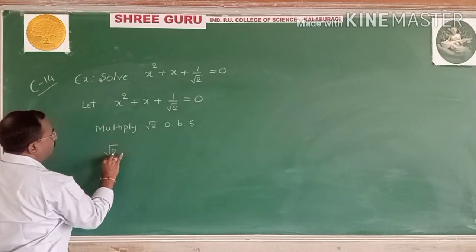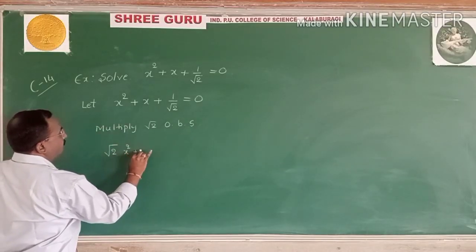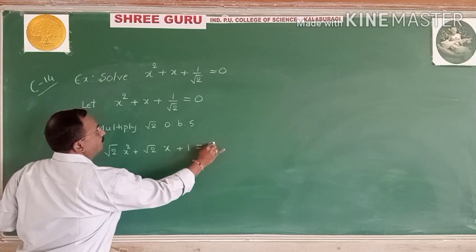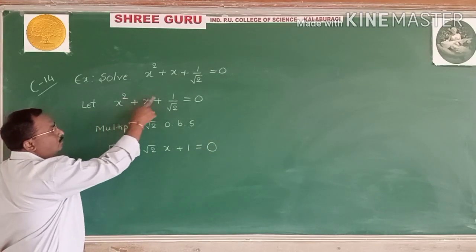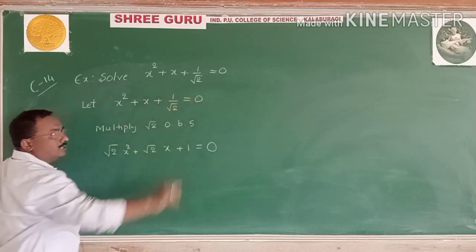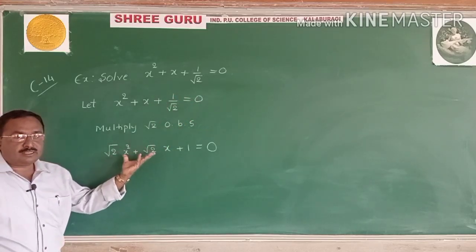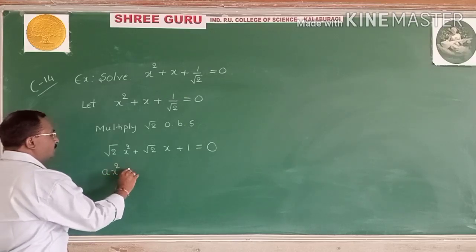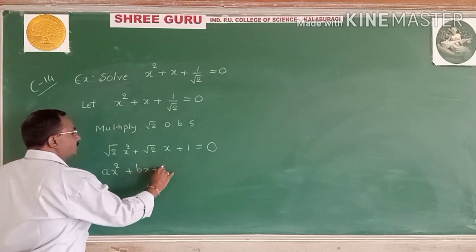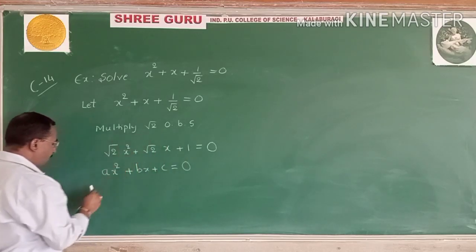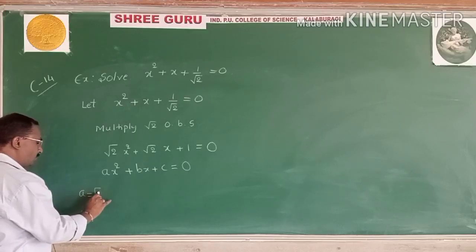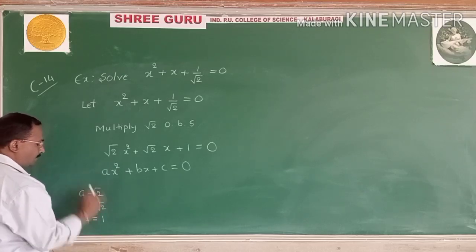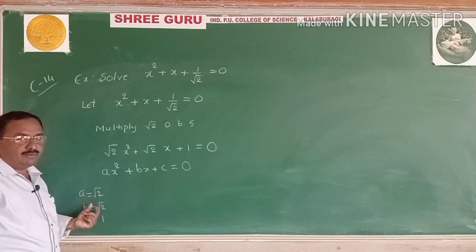Root 2 x square plus root 2 x plus 1 is equal to 0. Root 2 cancels, and 0 into anything is 0. This is a quadratic equation of the form ax square plus bx plus c is equal to 0, where a is equal to root 2, b is equal to root 2, c is equal to 1. A value, b value, c value.